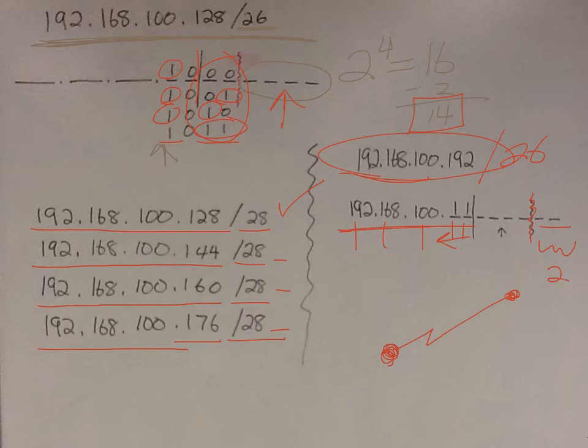This would give us 2 addresses. 2 to the second is 4, minus 2 is 2. And then, right in here, we have these that we could use. So we can make quite a few 2 addresses, right? We can make 16. Or you can actually figure out how you might divide that up otherwise.